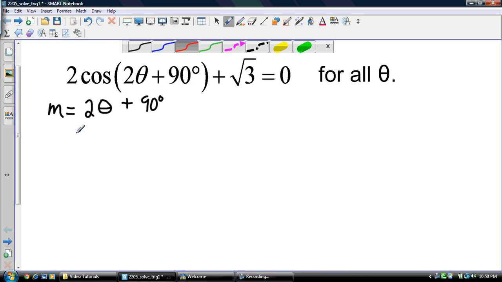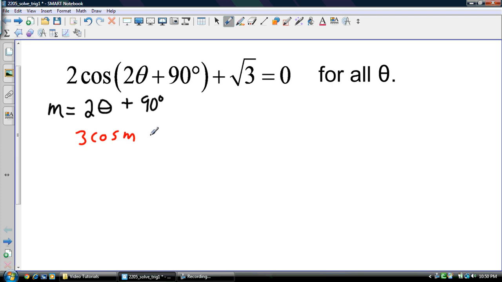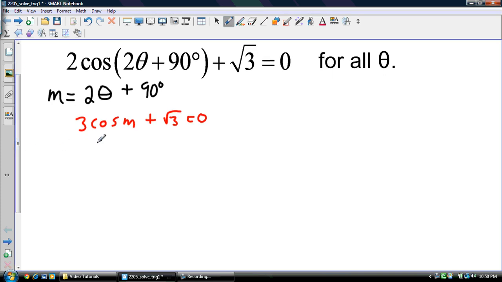So now I'm going to rewrite my equation. So 3 cos m plus root 3 is equal to 0. So now what I have to do is solve this for cos. So I have cos, that should be 2 there, shouldn't it? Here we go. So this is 2.